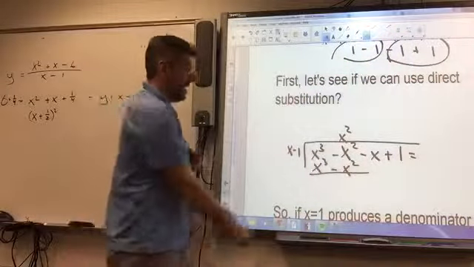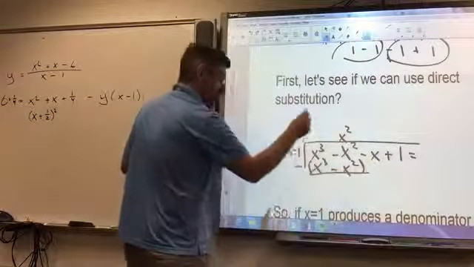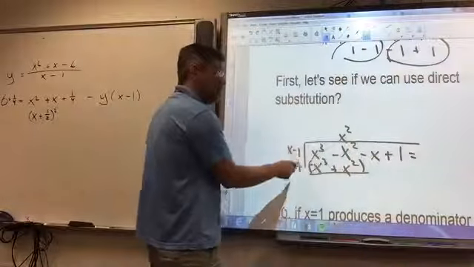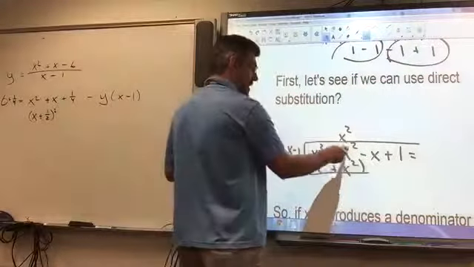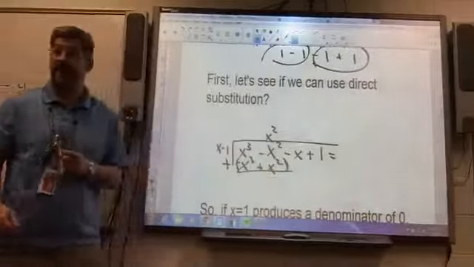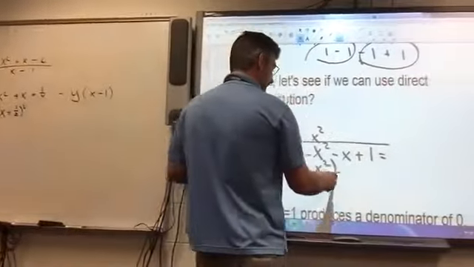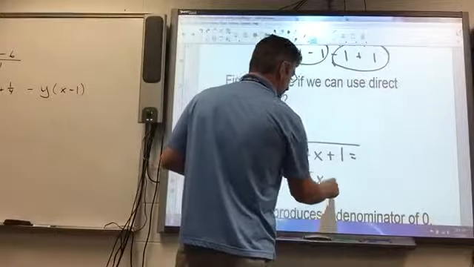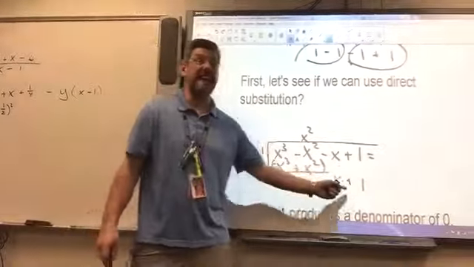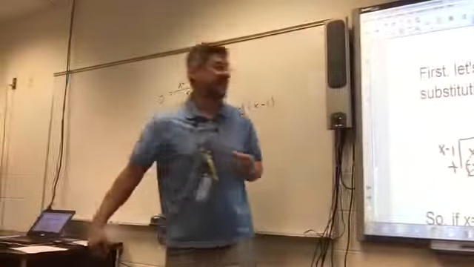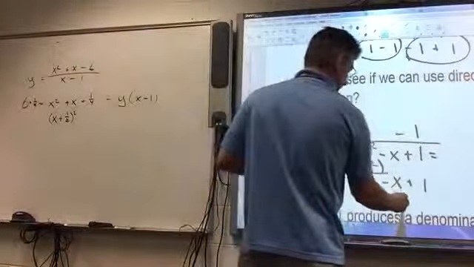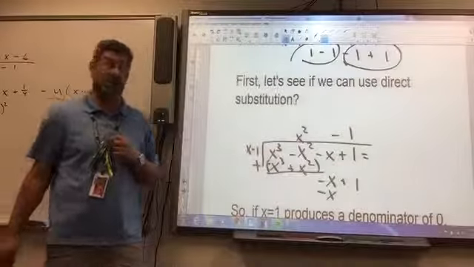So now I am subtracting, so I distribute the negative. X cubed minus x cubed gets me 0. Negative x squared plus a positive x squared gets me 0. Right. Now, I bring down my negative x plus 1. X goes into negative x how many times? Negative 1 times. Negative 1 times x? Negative x. Negative 1 times negative 1?